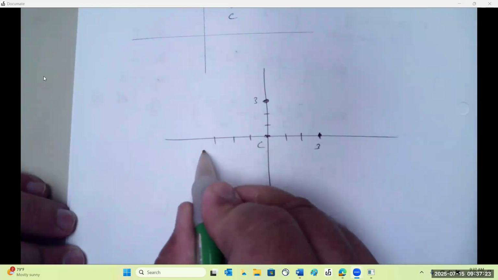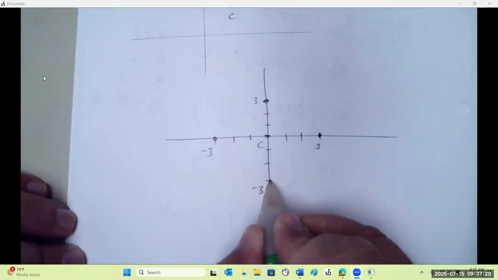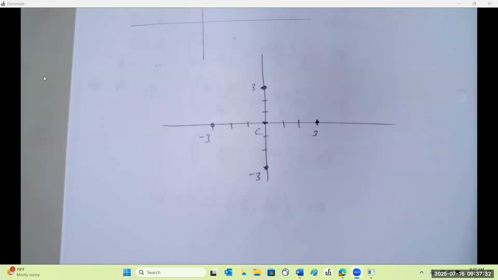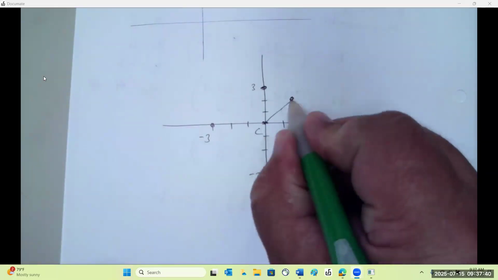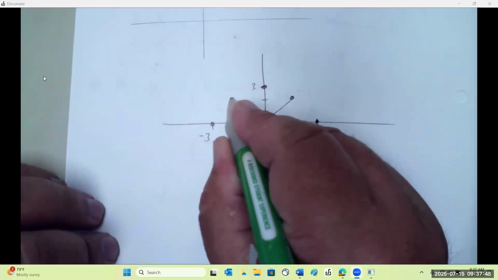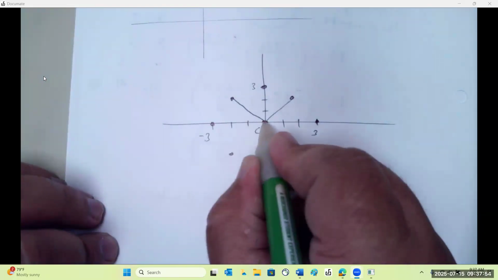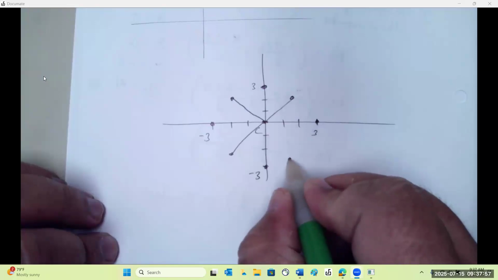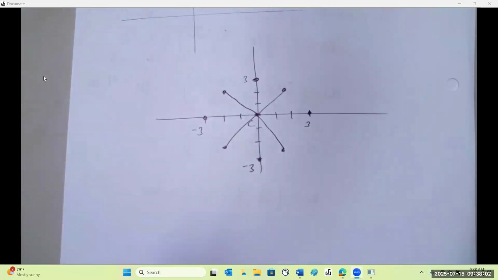This one here, that one there, these points here, and this point here all have to be 3 units away. Okay, so that's what it's telling us.